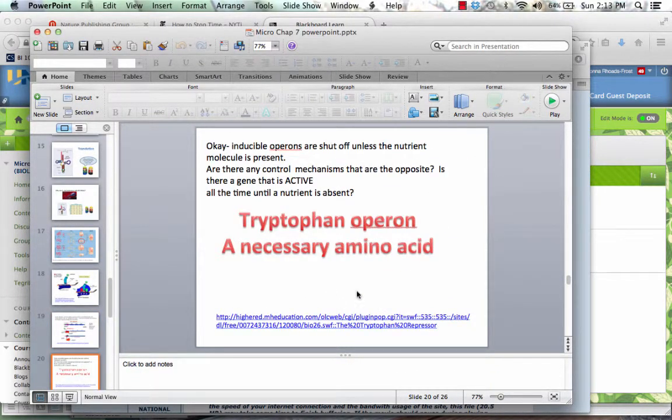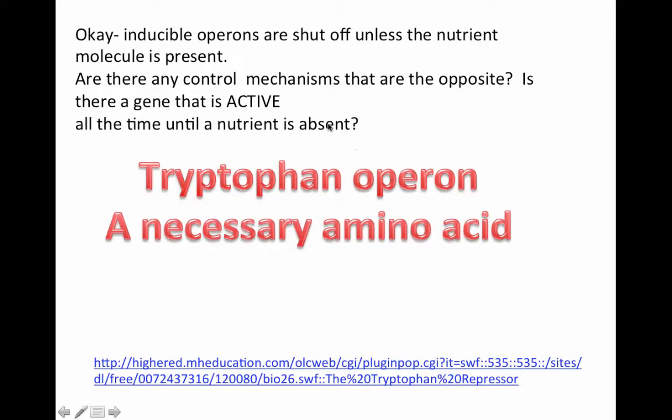All right, let's continue. So, we've got inducible operons, and they are shut off unless a nutrient molecule is active. There are mechanisms that are the opposite, where a gene is active all the time for a necessary amino acid, in this case tryptophan, and then occasionally, if tryptophan becomes available in the environment, the translation of that gene is shut off.